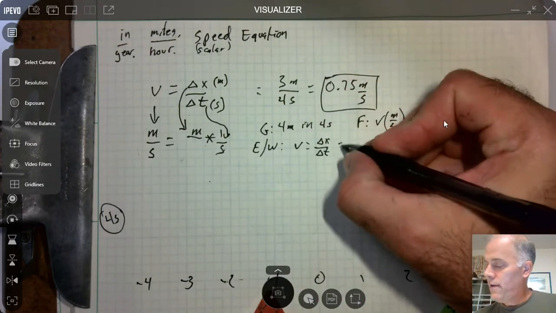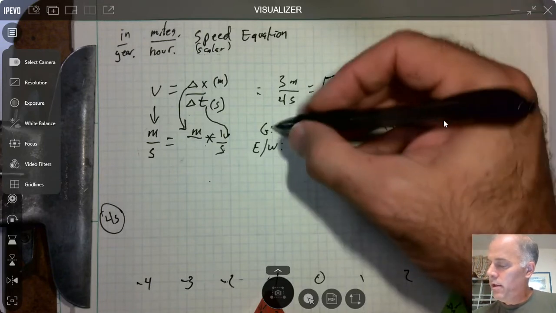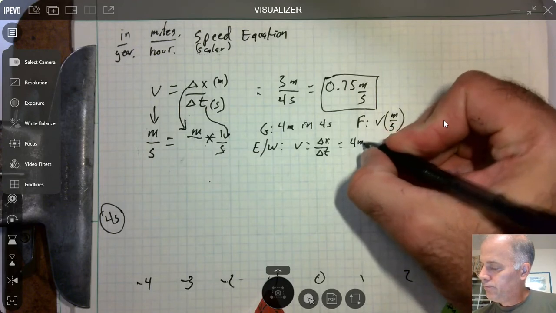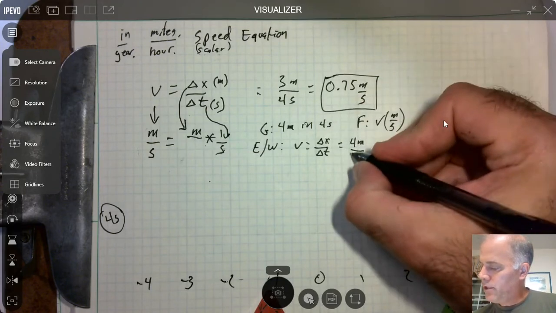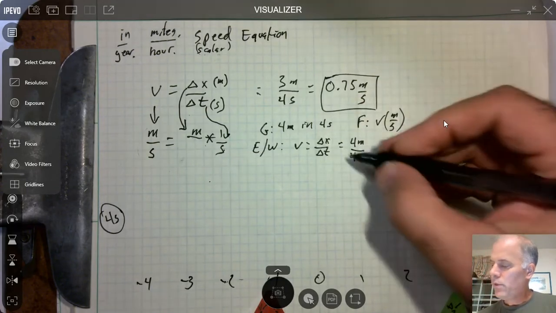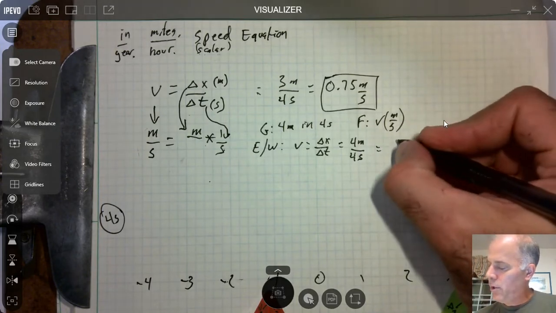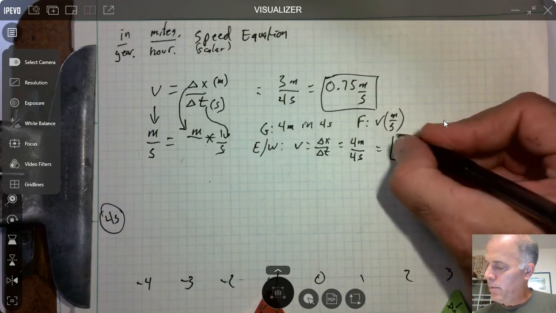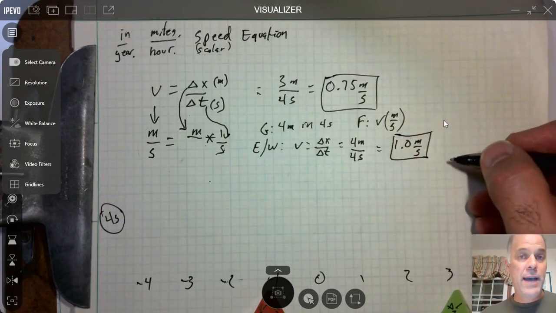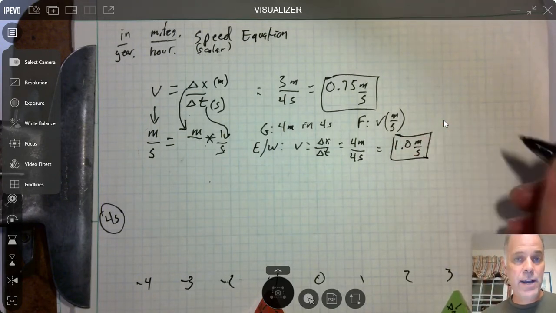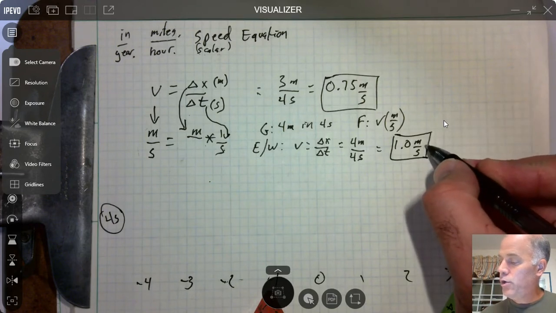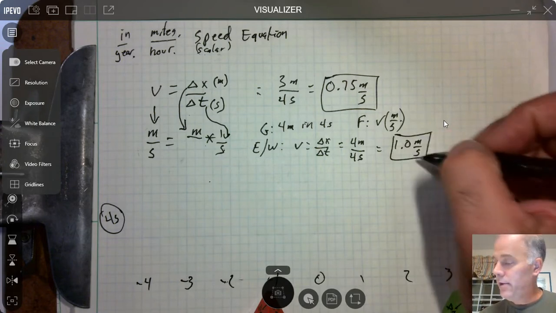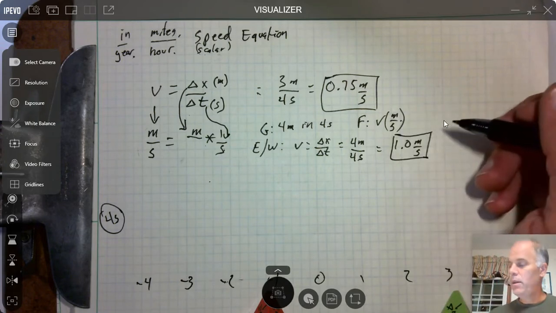So in this case, that's going to equal 4 meters in 4 seconds divided by 4 seconds. 4 divided by 4 is 1, so we get 1.0 meters per second. And we put a box around it because that's how we know we got to the end. That tells us the answer. And the last check always is to make sure that the units we got, meters per second, are the units that we were supposed to get. And in this case, that checks, so we're good to go.